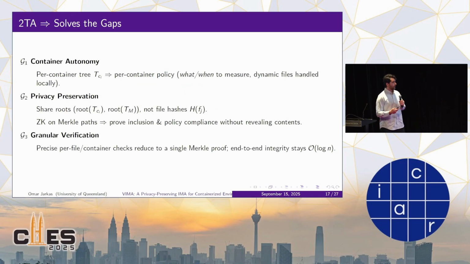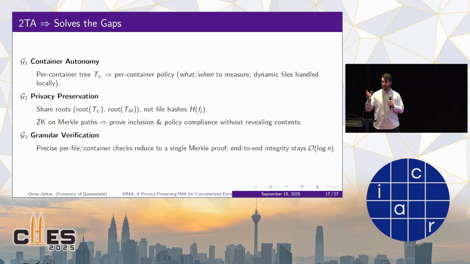So with our architecture, we were definitely able to solve those three gaps in order for container autonomy. Since the integrity is encapsulated into the Merkle root, we can verify the integrity of containers separately, which allows them to have different policies. We are also able to have privacy preservation because of two things.